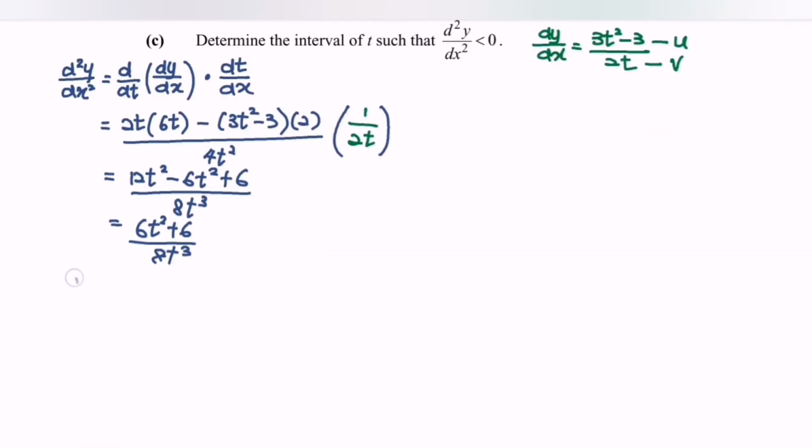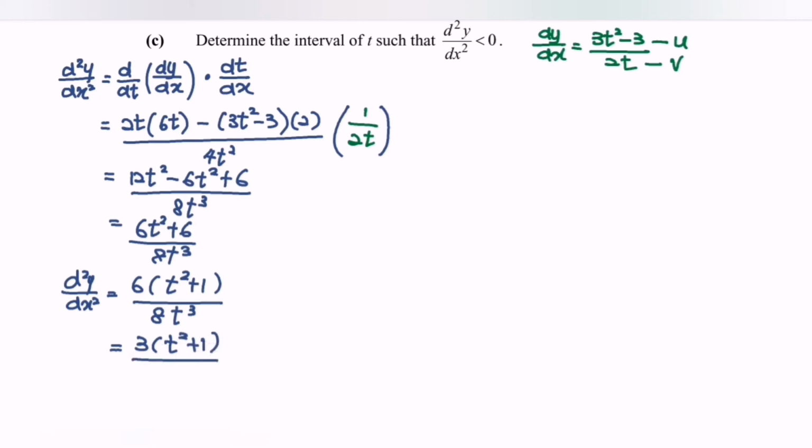So for the second derivative, we will have 6 times (t squared plus 1) over 8t cubed. If we simplify, we will have 3 times (t squared plus 1) over 4t cubed as the second derivative.